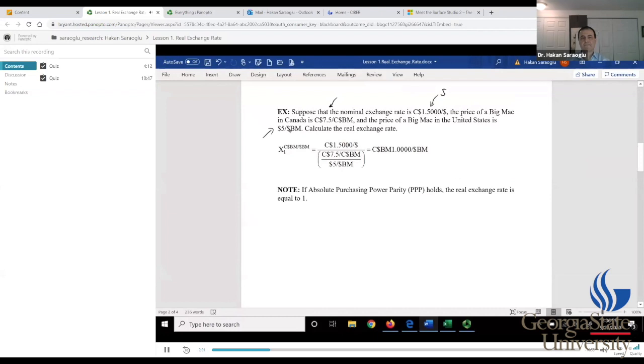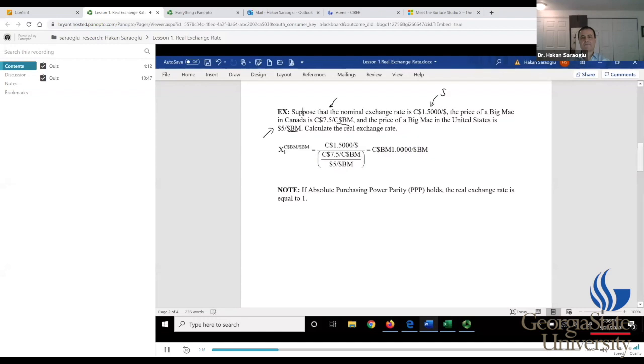So here, notice I use the units as $BM. That simply means it's the US Big Mac that you can consume with your US dollars, and Canadian dollar Big Mac basically means that's the Canadian Big Mac.